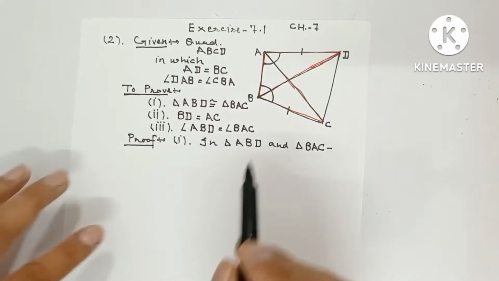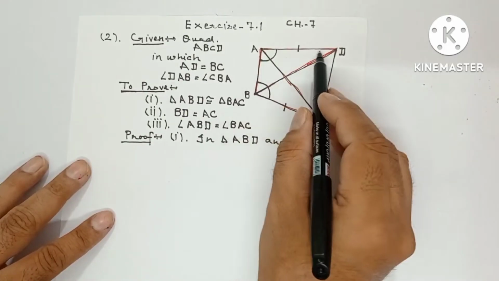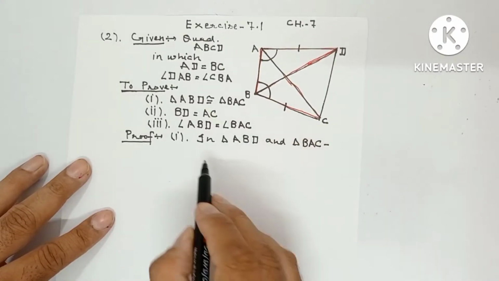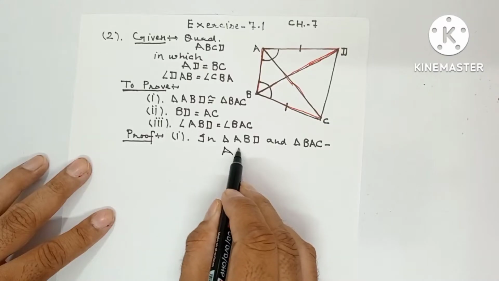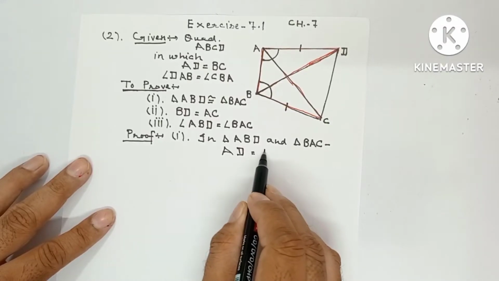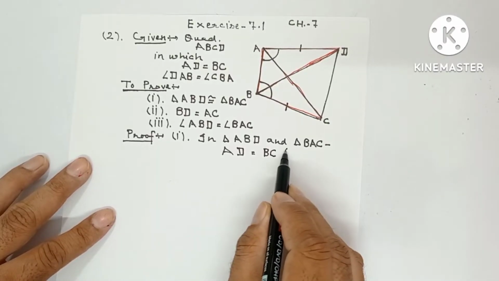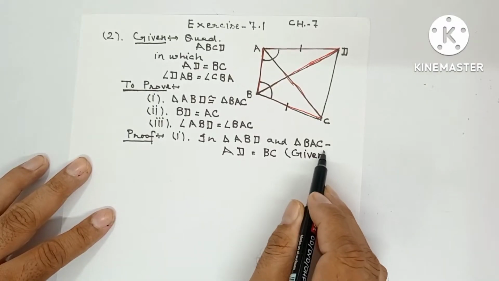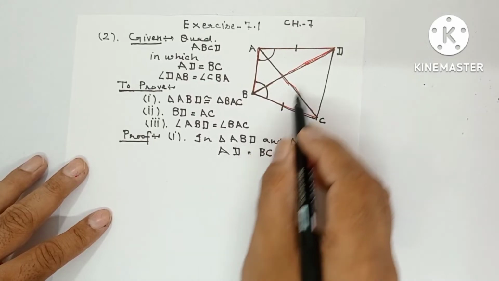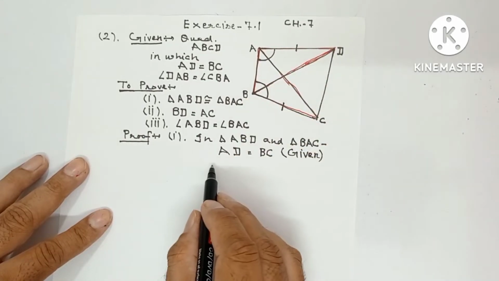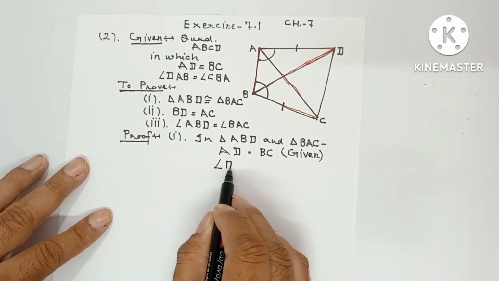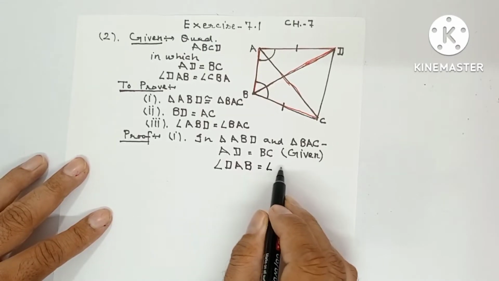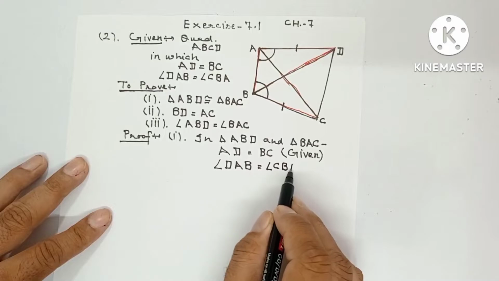So let's start. In triangle ABD, you see AD, and in the other triangle it is BC. So AD and BC are given equal, so you can write it as given. And in triangle ABD, angle DAB is there, and it is equal to angle CBA.